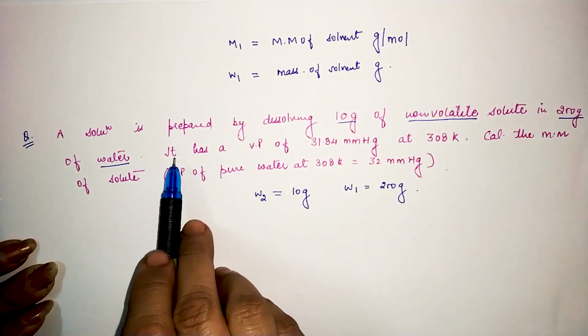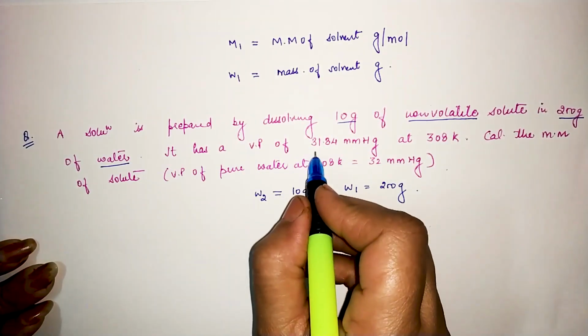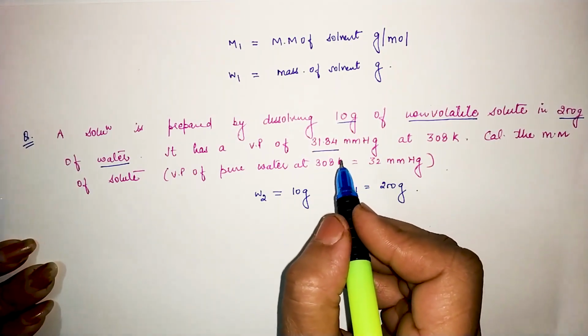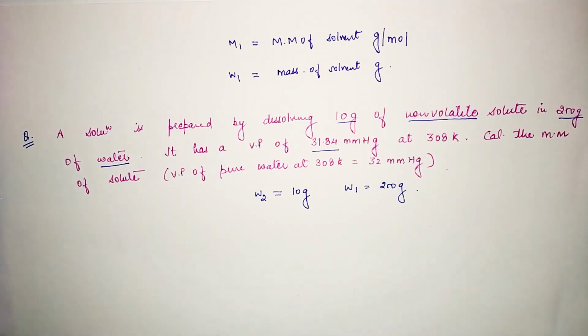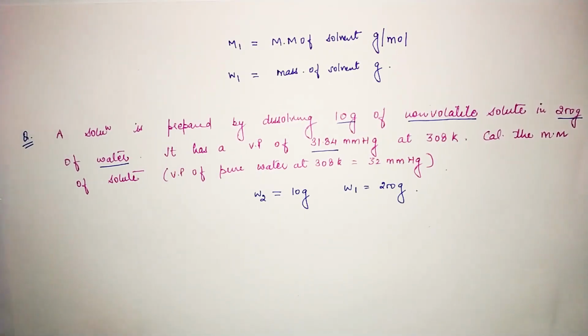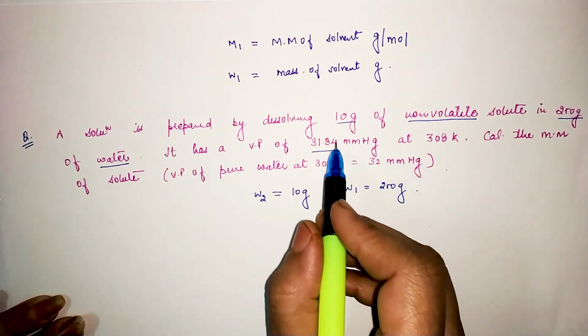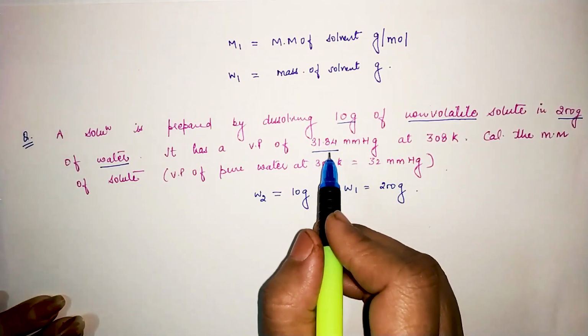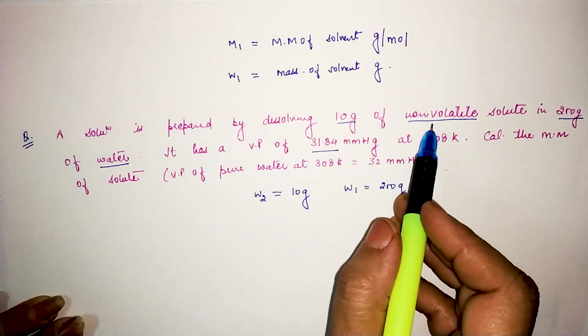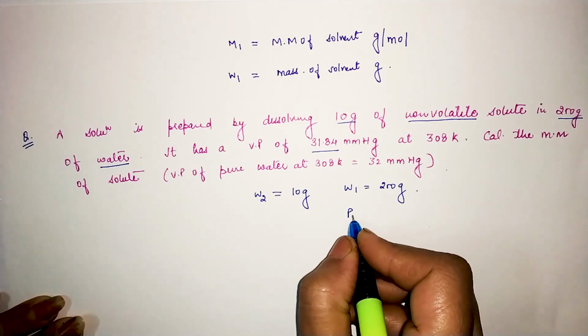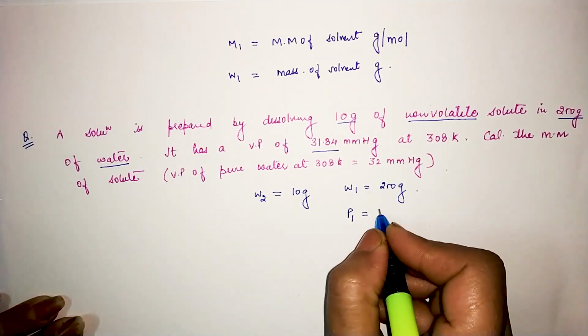Then see, it has a vapor pressure of 31.34 mmHg. Okay children, now see, in this question this vapor pressure is when the non-volatile solute is added, which is P1 in the question.